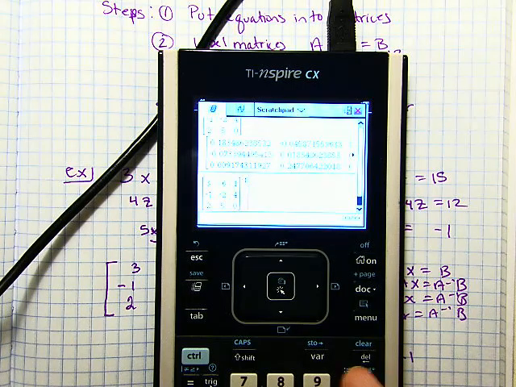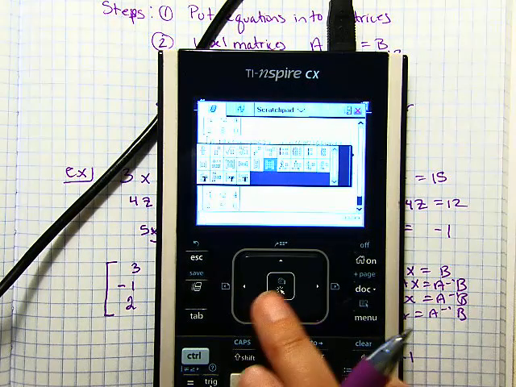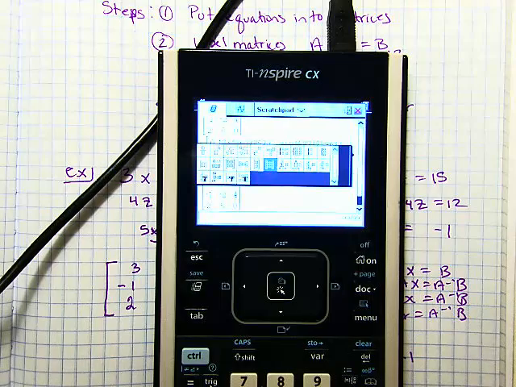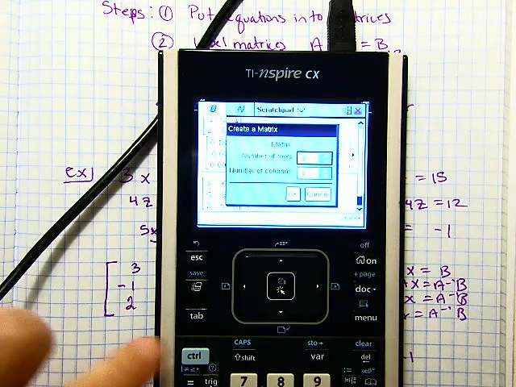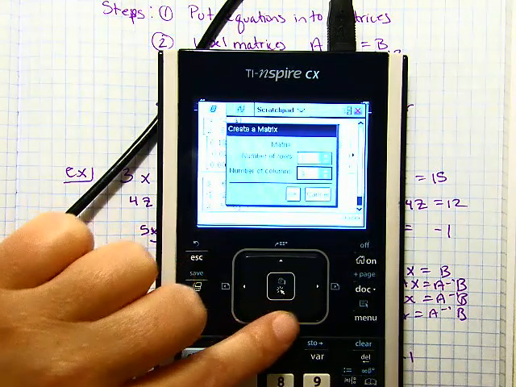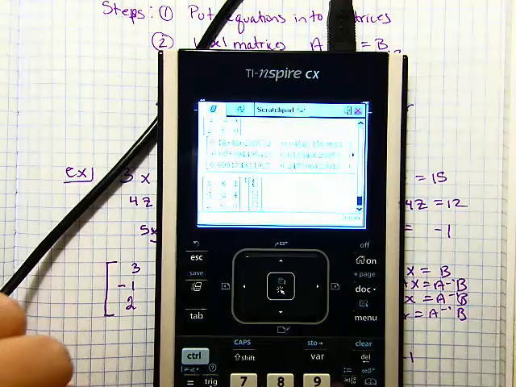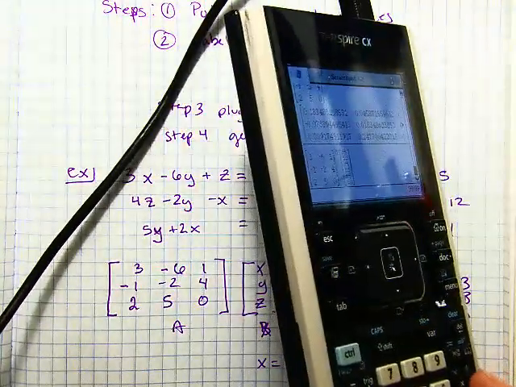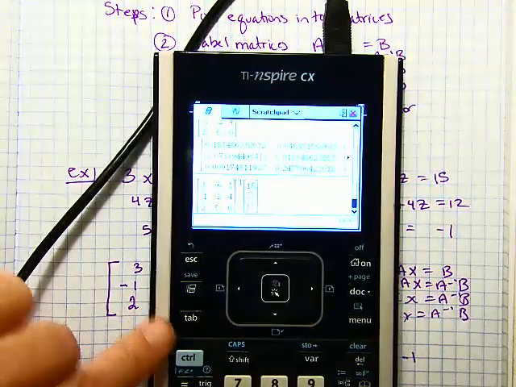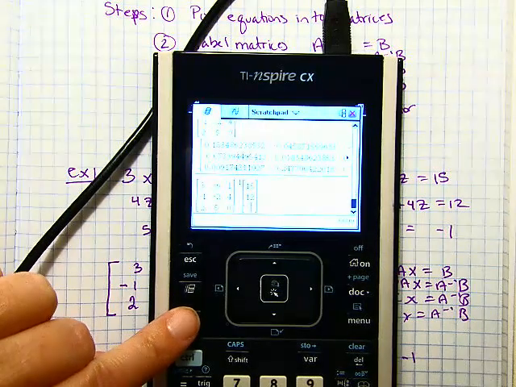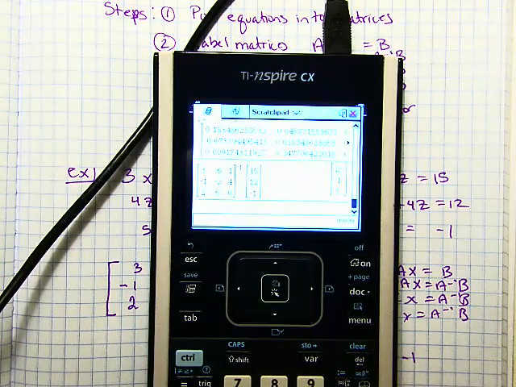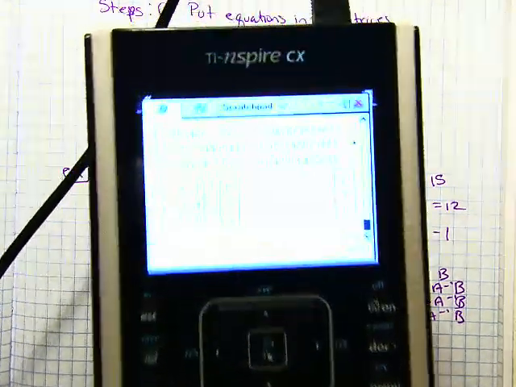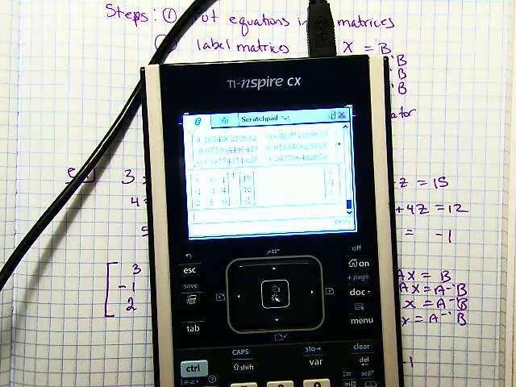So I'm going to hit that same button above the multiplication, and this time I have 3 rows, but I have only 1 column. So I'm going to change that to be a 3 by 1, and now I'm going to plug in matrix B, which is 15, 12, -1. I'm going to hit enter. And, oh, can you see that? No, not so well.